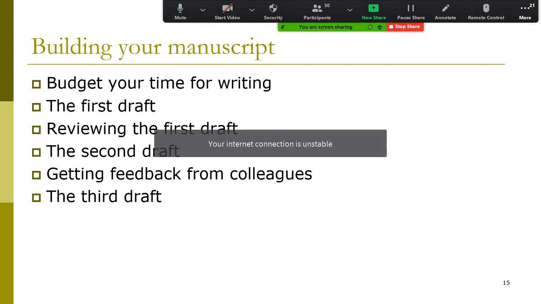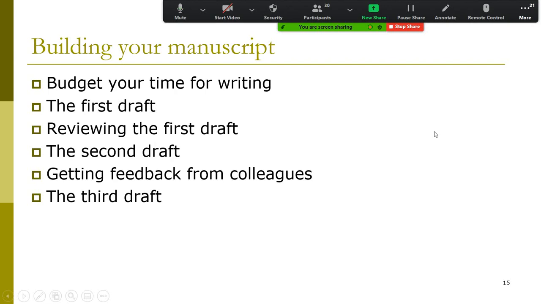If you can work in a team, it is more useful for you. In a team, you can distribute the work among the authors, and there are seniors and juniors in your team, and you can get good feedback from your senior colleagues specifically. And when you have your third or final draft ready, then you will go to the submission.